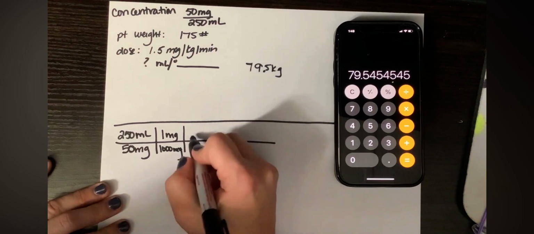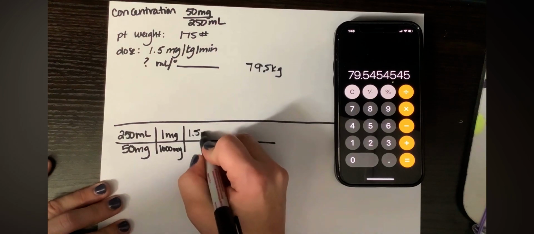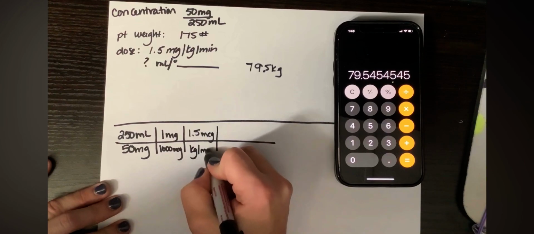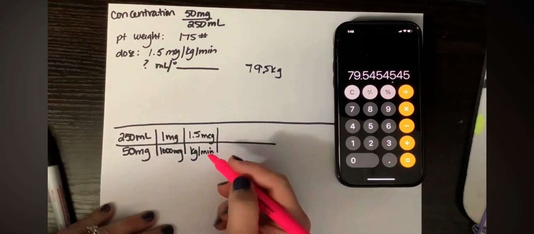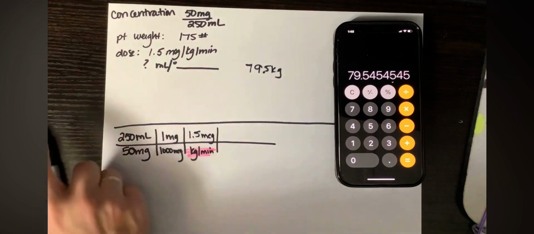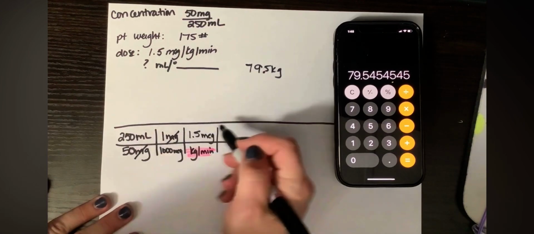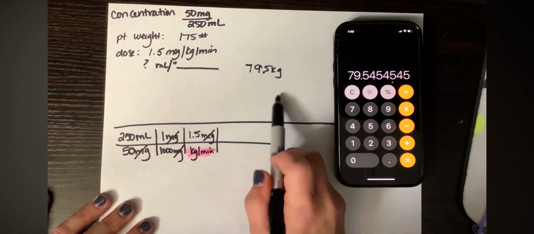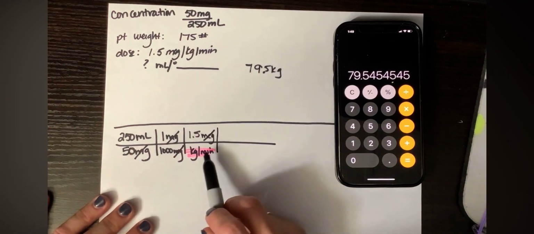And our dosage is 1.5 micrograms per kilogram per minute. Milligrams, mics.